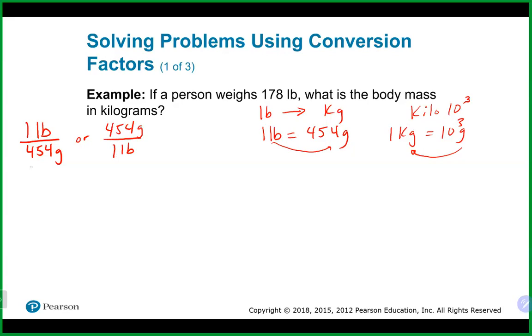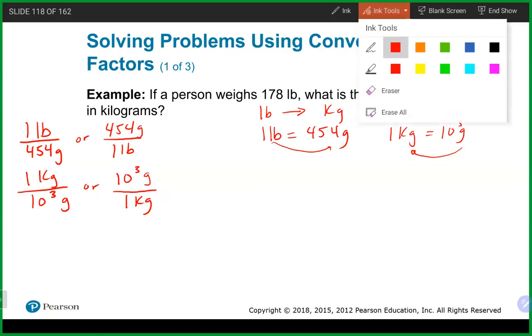For our second one, we could have 1 kilogram over 10 to the 3 grams, or 10 to the 3 grams over 1 kilogram. So these are our 4 conversion factors that we could draw upon as we go through this problem. Once again, you're not going to use them all, otherwise you pretty much undo your entire calculation. But we're going to use the ones that will help us get there.